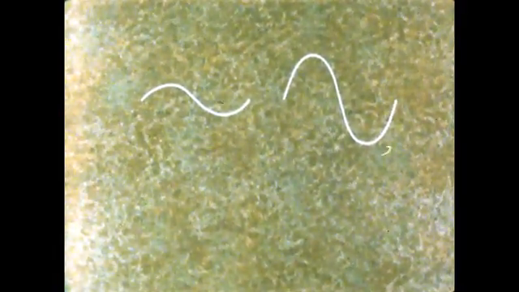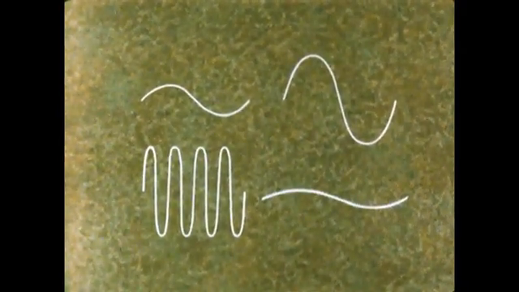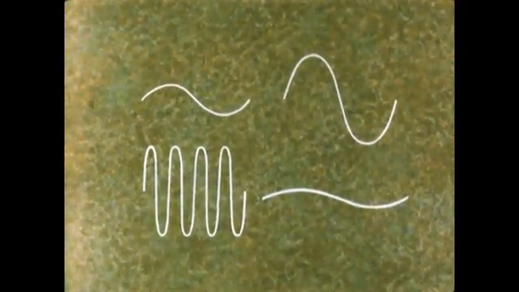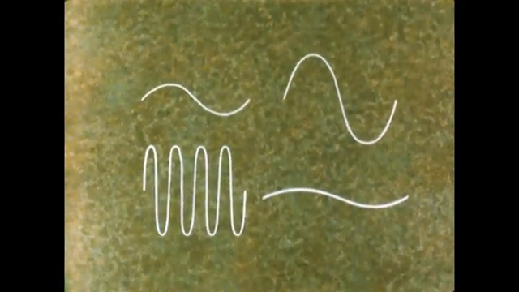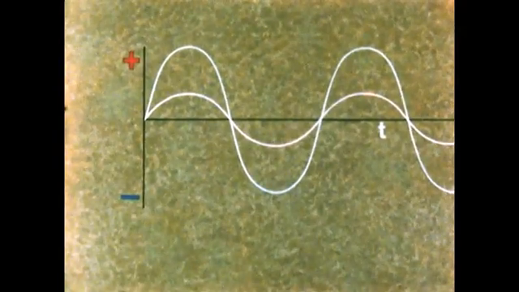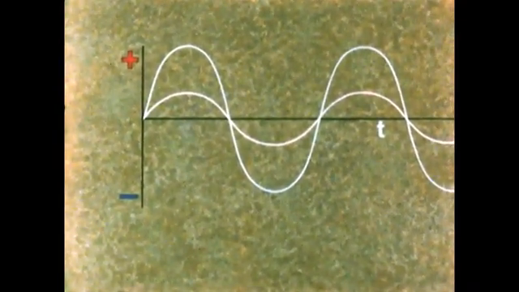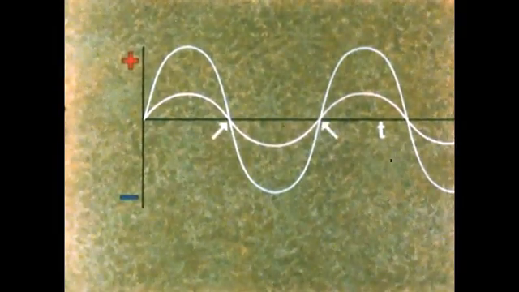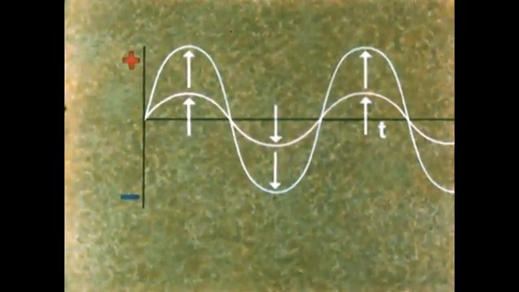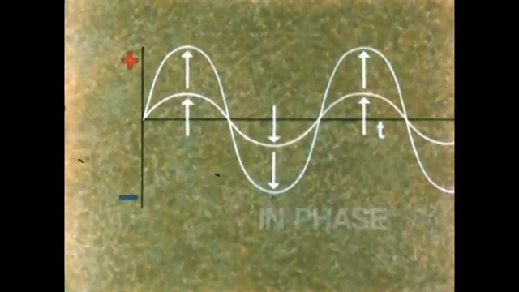And also they can differ in frequency from short peaky waves to broad shallow ones. And they can differ in another important respect which we need to know about. Here are two waveforms of the same frequency, but with different amplitudes. However, they do pass through zero and come to their peak values at the same time. We say that they are in phase.